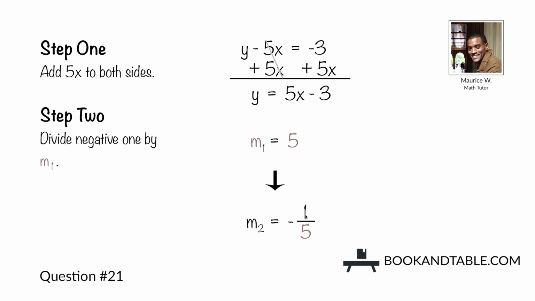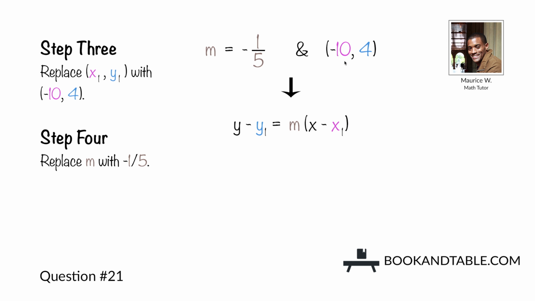So negative 1 divided by 5 will give you negative 1/5. So if this is our slope, and we know it passes through the point negative 10, 4, then we can plug these two pieces of information into the point slope form to figure out the equation of the perpendicular line.